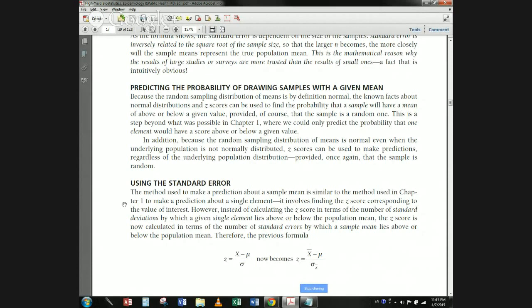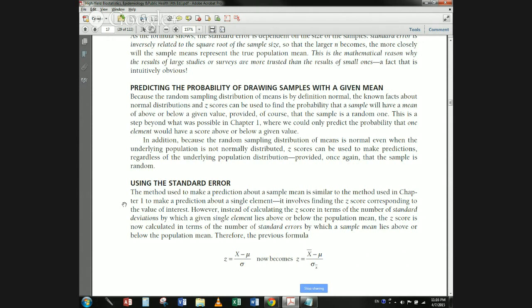The method used to make a prediction about a sample mean is similar to the method used in Chapter 1 to make a prediction about a single element. It involves finding the z-score corresponding to the value of interest. However, instead of calculating the z-score in terms of the number of standard deviations by which a given single element lies above or below the population mean, the z-score is now calculated in terms of the number of standard errors by which a sample mean lies above or below the population mean.